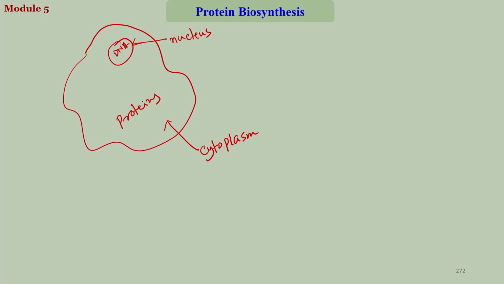Now, the question is, if DNA controls all the cellular programs and if protein actually does the work, catalyzes the cellular processes, then there must be a relation between the genetic code that is stored in the DNA and the sequence of the protein that is being synthesized.